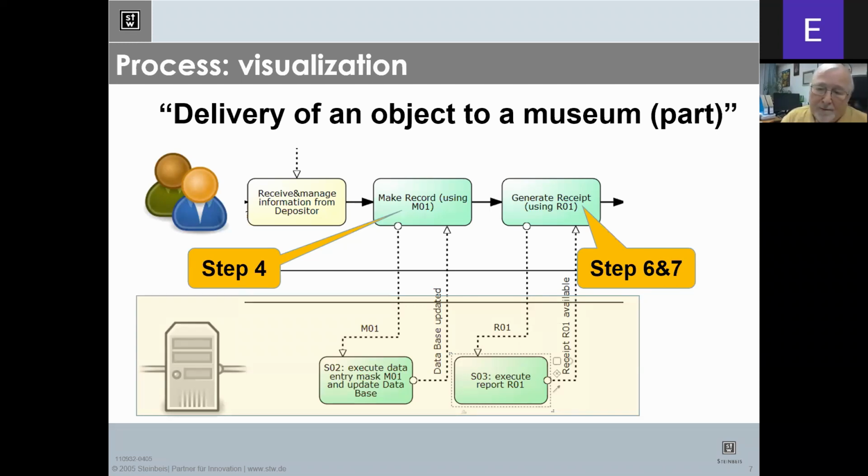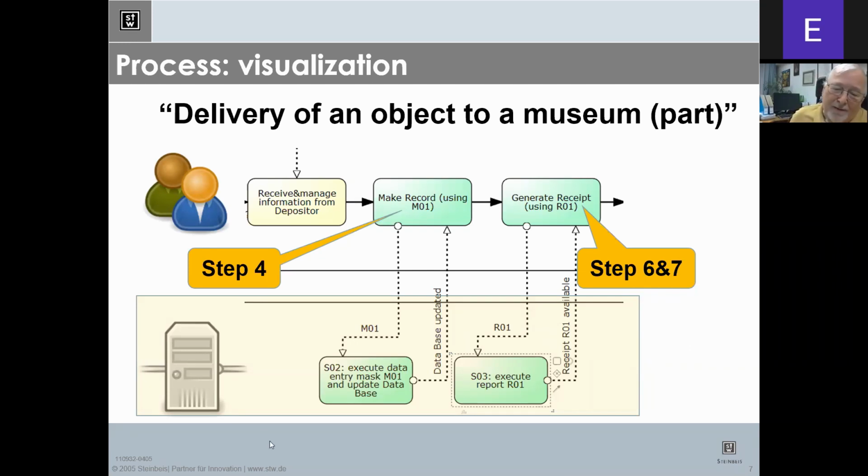So the museum is accepting this object, and then we have it in a written way. And to generate this receipt, you have also here a computer program that executes a report. That means that it produces a report.